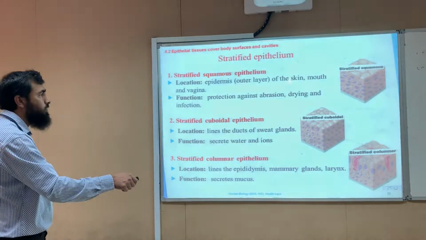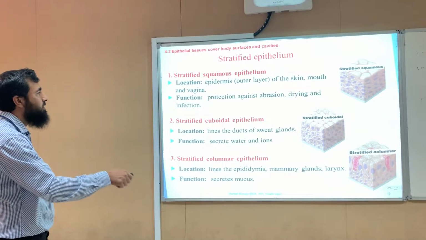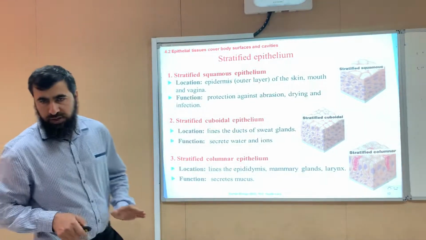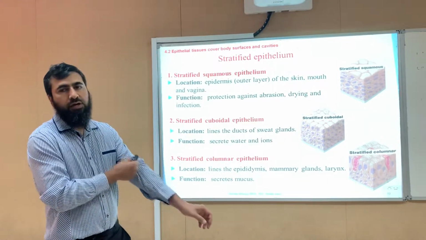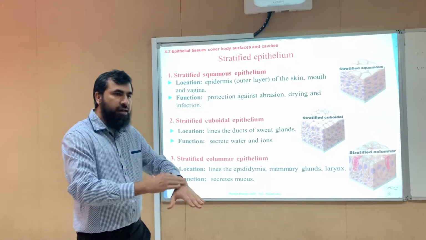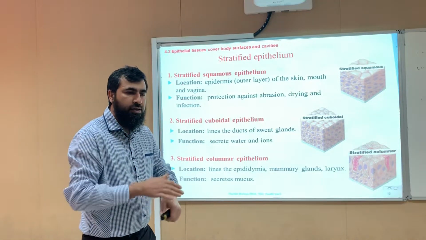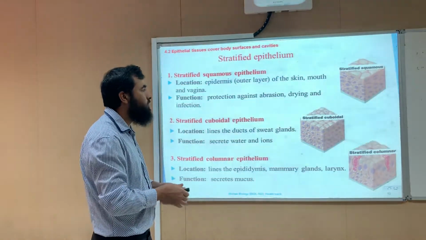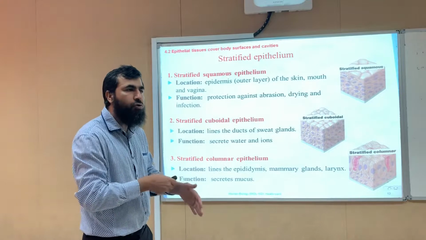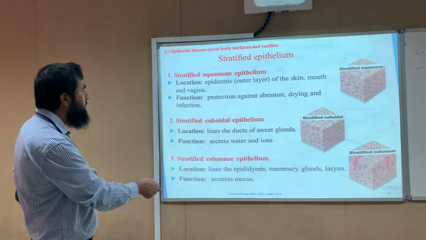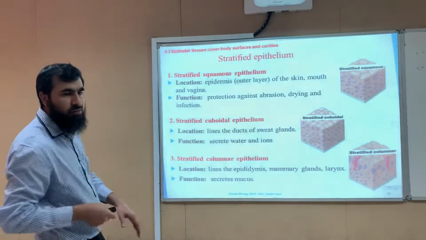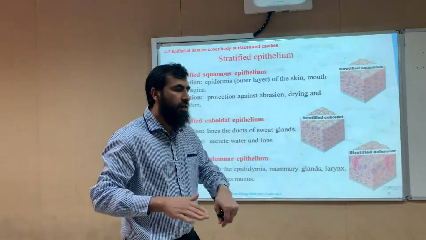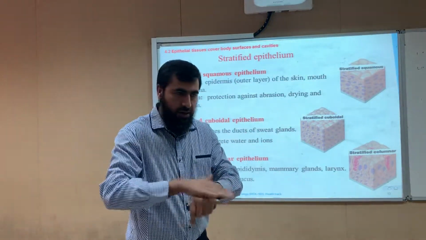And this is very important in regions like the skin, the mouth, and the vagina in the female reproductive system, okay? You're always shedding skin cells because you're always producing this stratified squamous epithelium. It's important for protection against abrasion. Remember, abrasion is like two things rubbing on each other, okay?